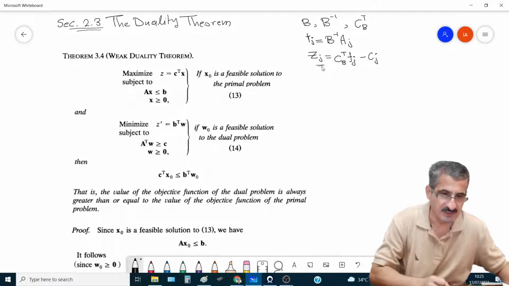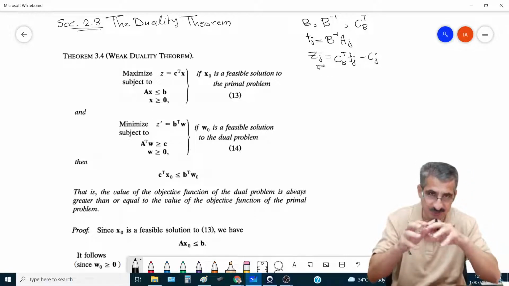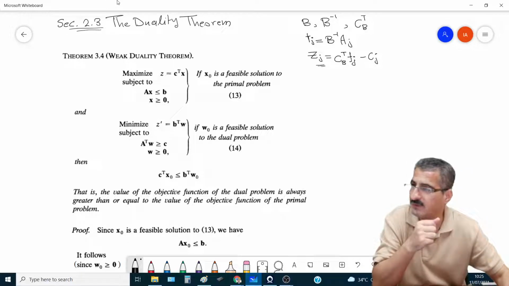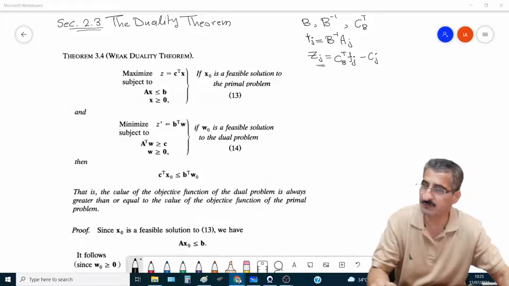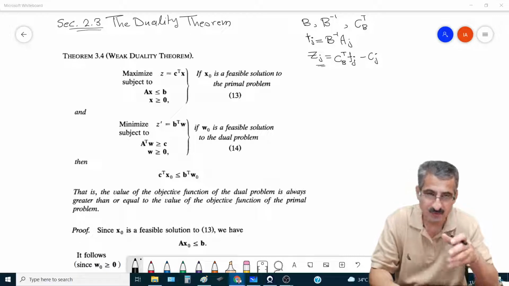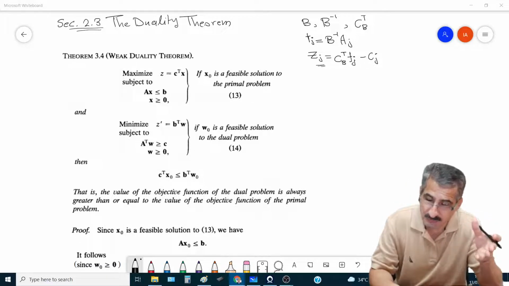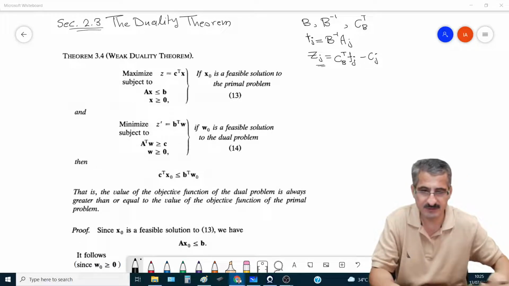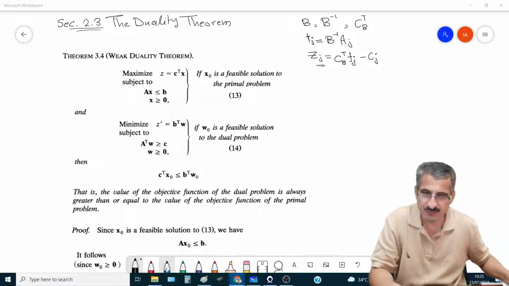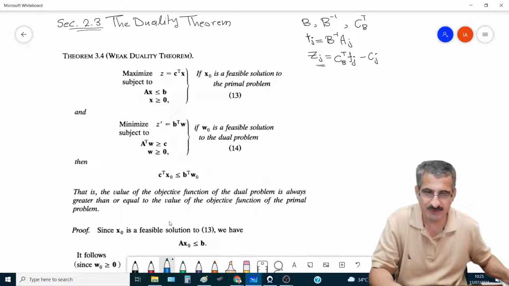And those Z_j are the entries in the objective row. So we learned all of that, right? Now we will use these to make theorems about the optimal solution of a linear programming problem and relate that to the optimal solution of the dual problem of it. Okay? And we start with the following theorem, which is called the weak duality theorem.